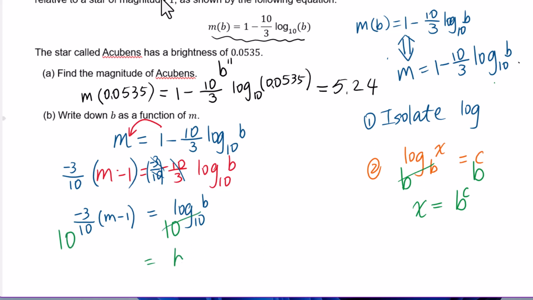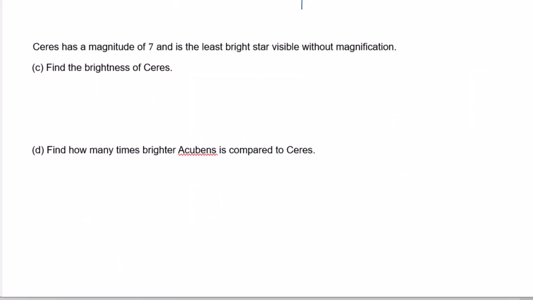We got B equals 10 to the negative 3 over 10 times M minus 1 power. This is the solution to B.